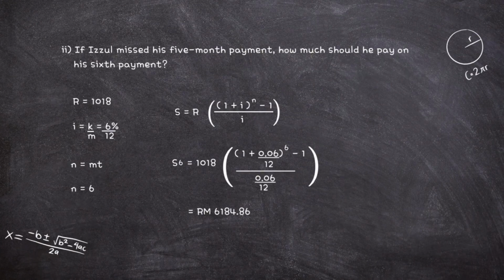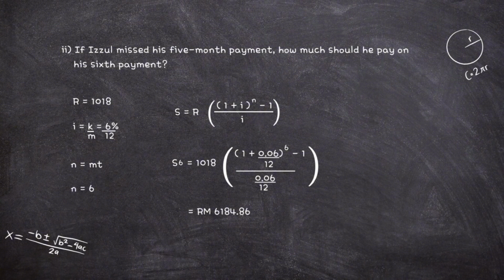Izul missed his 5 months payment. How much should he pay on his 6th payment? From the previous question, we get R equals 1018, i equals k, which is 6%, divided by m, which is 12. n equals m times t, which will be 6. For this question, we will use the formula S equals R times ((1 plus i)^n minus 1) divided by i.